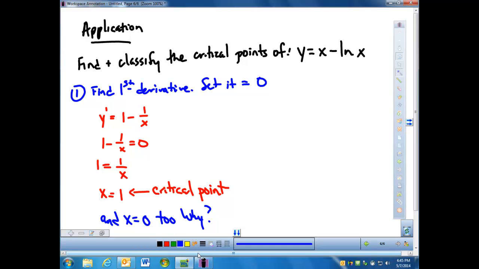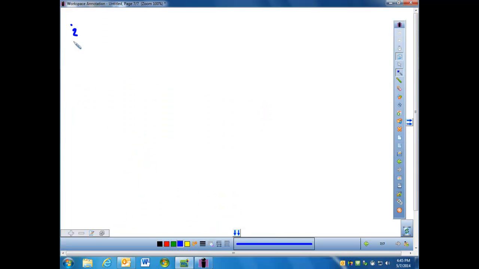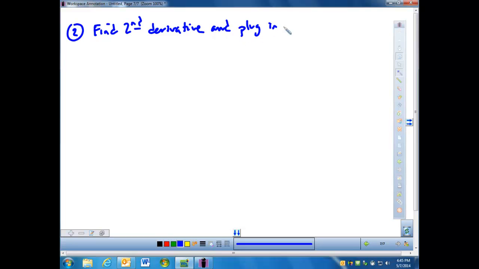So the next part of this process then is to classify what kind of critical value 1 is going to be. So how do I do that? Take the second derivative of this function, and once I take the second derivative, I'm going to plug in 1 and see what the behavior of the second derivative is.